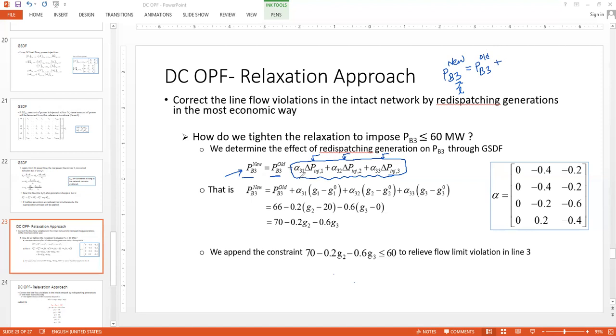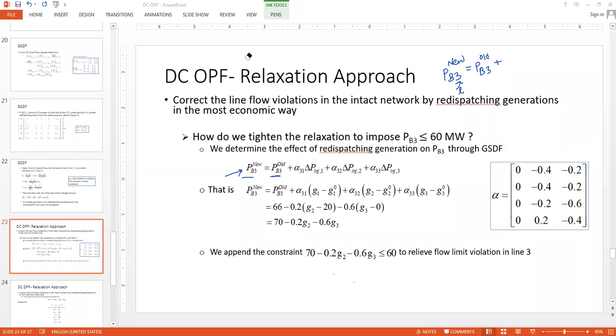So we have 3 generating units. Generating unit number 1 is injecting some power, generating unit 2 is injecting some power, generating unit 3 is injecting some power, and this injection is related to the line flow by the GSDF. So you see alpha 31. What is alpha 31?